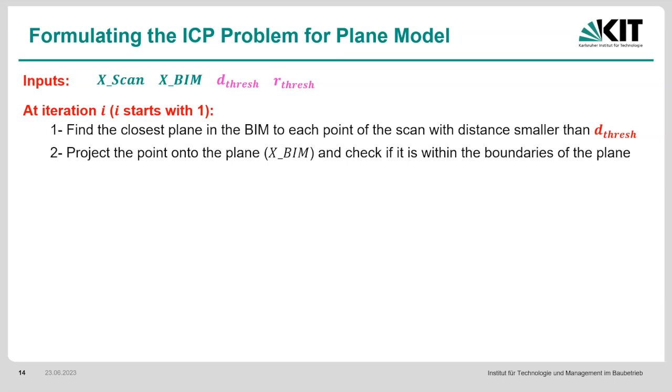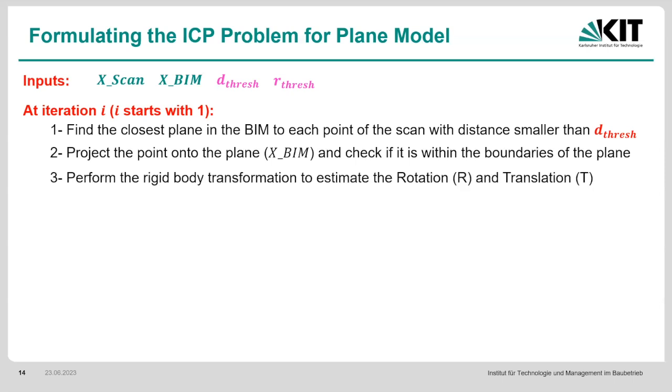We start by every plane because this point might not belong to this plane, but might belong to another plane, okay? So we do it for every plane first because we want to get the one-to-one relationship between the points and the plane, not the other way around. So we're not going for every point and seeing which one is the best. Then once you have this, for every plane, you have an X of BIM that has an ID with an X of scan.